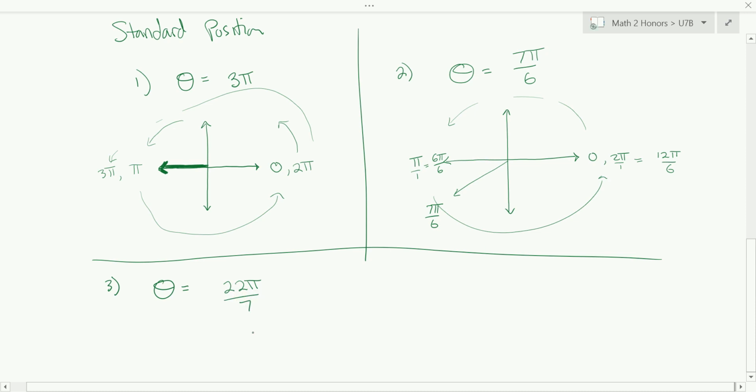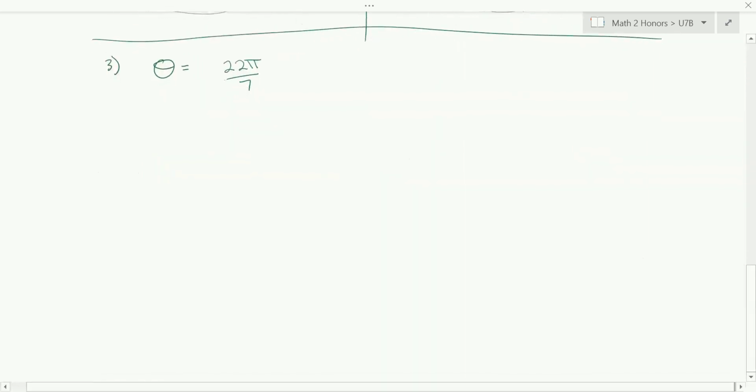Find the standard position of 22 pi over 7. So what quadrant are we in?